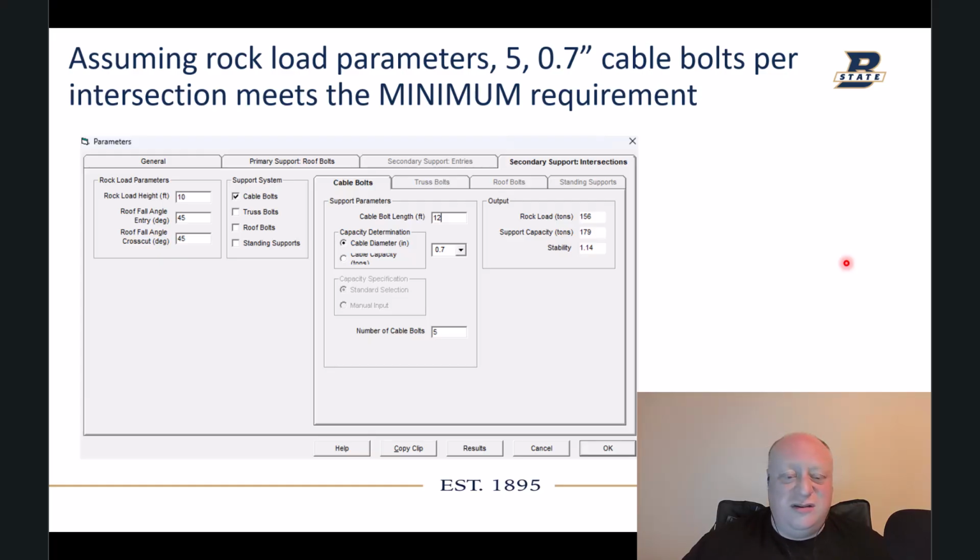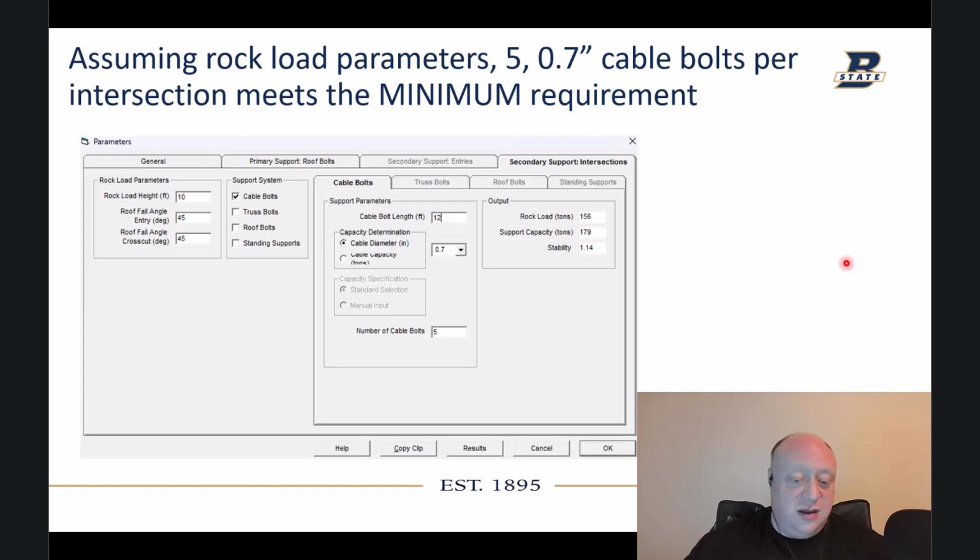If you put in a couple 0.6s every other row, so you're putting them in basically every 8 feet, when you think about how much rock that can actually support, it's not all that much. It's like 3.5 or 4 feet of rock. That's it. So to use 0.6s, a lot of times you've got to switch down to every row, which may or may not be more than what you need.